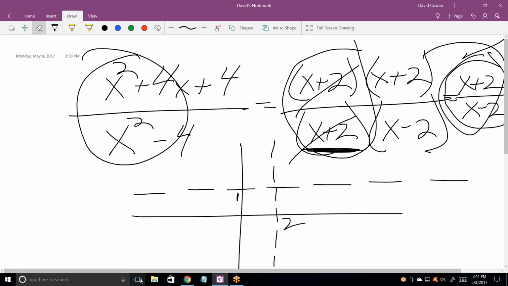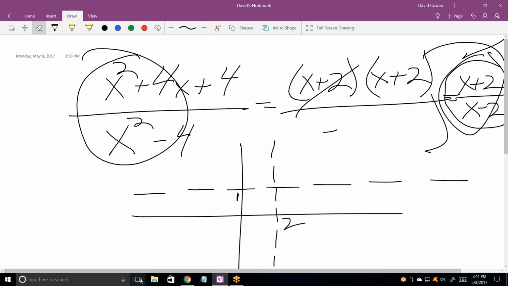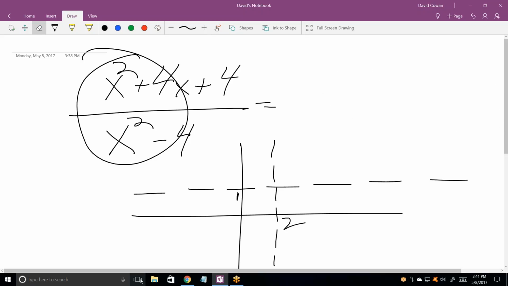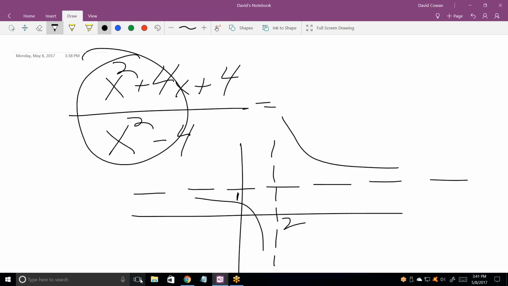Now, I know what hyperbolic functions look like. There's only 2 ways this function's going to look. Like that, or maybe it'll be in the second and fourth quadrant. I'm not sure which yet.